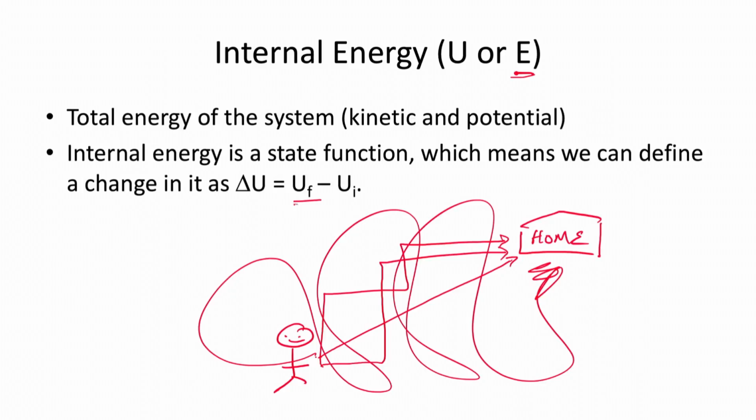I only have to worry about 2 points, the final and the initial. I don't have to worry about all of the other points in the middle. Whereas for things that are not state functions like heat or work, not only do I have to know where I start and where I end, but I also have to worry about all of the intermediate points as well. Okay, and so we're going to deal with state functions because they're much easier. I only need to know 2 things: where I'm starting and where I'm ending.